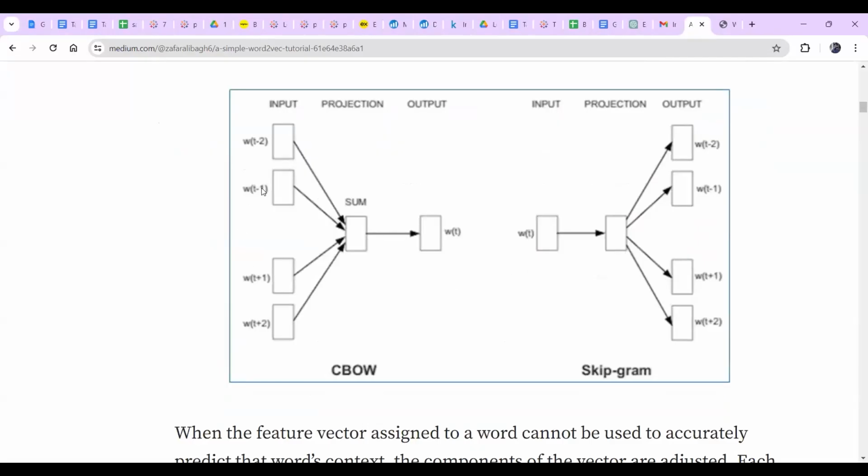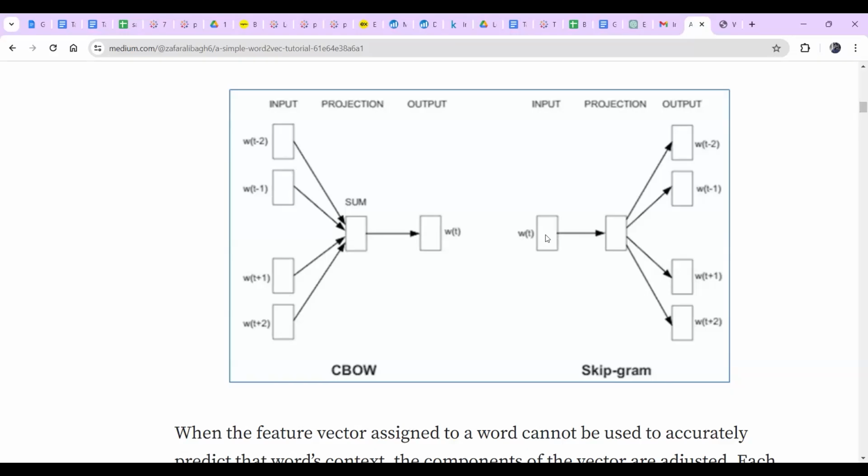Now look into the architecture of CBOW and skip-gram. In CBOW, you're predicting the current word, so you pass the neighbors. Let's say WT is the current word. You pass the neighbors WT minus 1, WT minus 2, WT plus 1, WT plus 2. WT will not get triggered. In skip-gram, you pass the current word as input and predict the neighbors, so the neighbors will not get triggered.